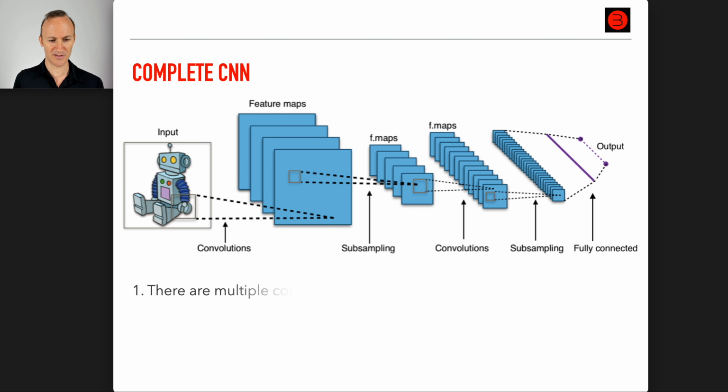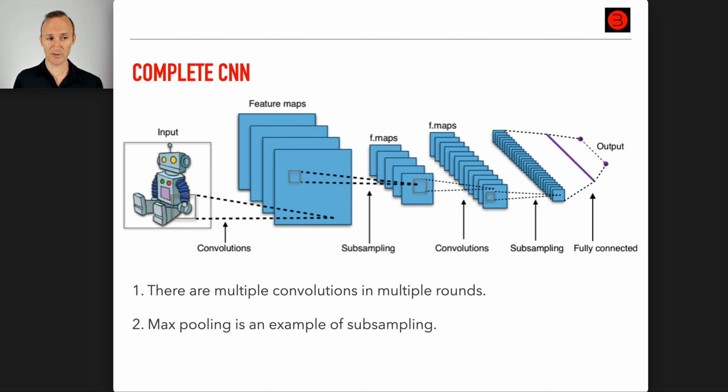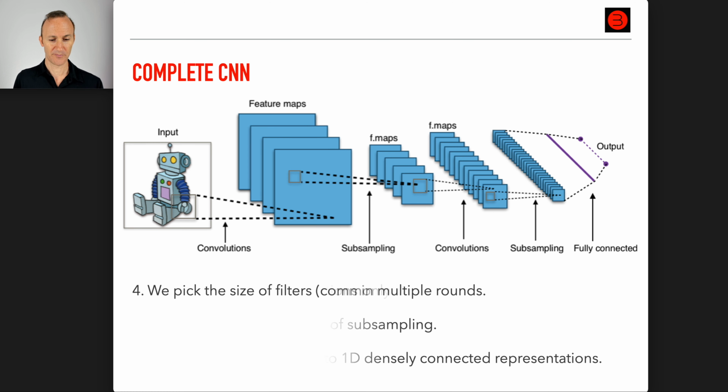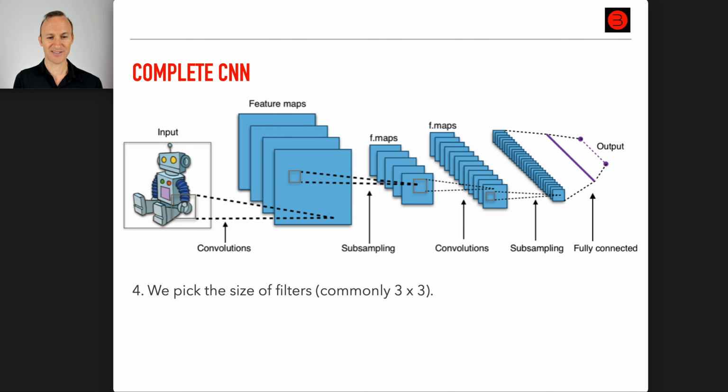Okay, so some notes. Note there are multiple convolutions in multiple rounds. Max pooling is an example of subsampling that we will use. The final round goes back to 1D densely connected representations. Additionally, we pick the size of the filters, right? Commonly 3 by 3.